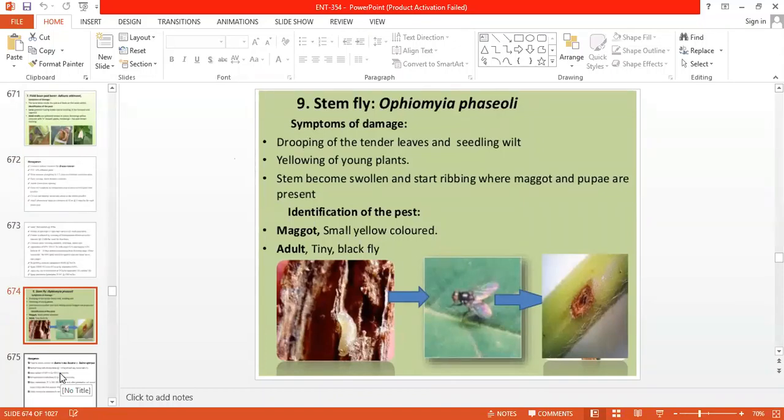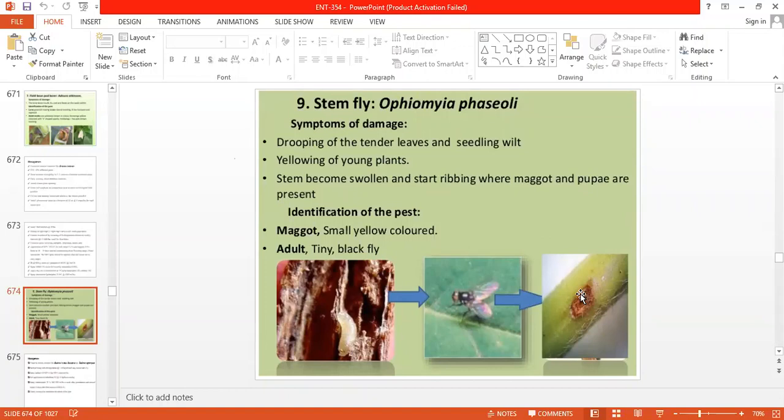Stem fly is also an important pest, mainly infesting the stem portion of pulses. That's why it is called stem fly, Ophiomyia phaseoli. Dropping of tender leaves and wilting of seedlings happen due to the infestation of stem fly.